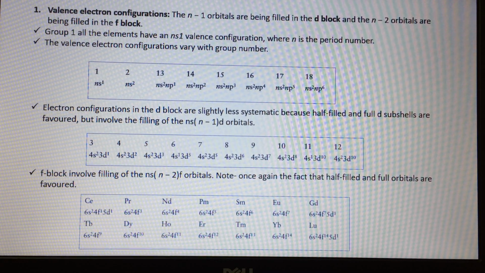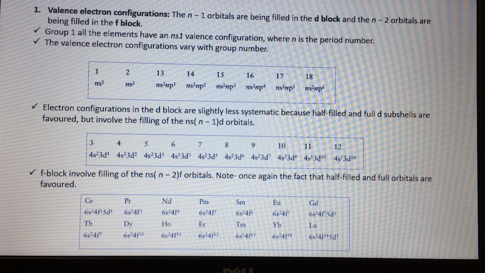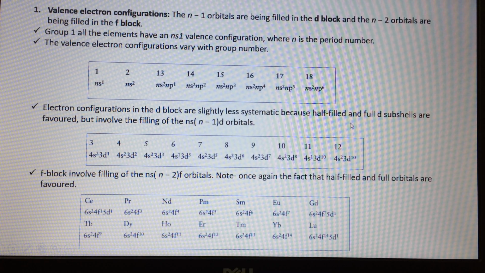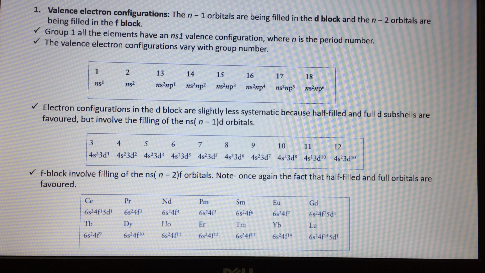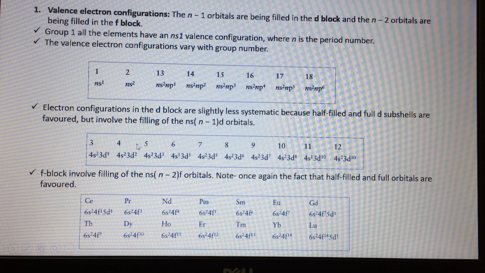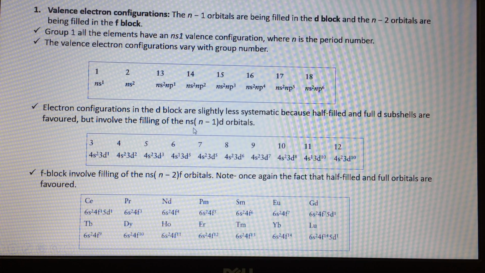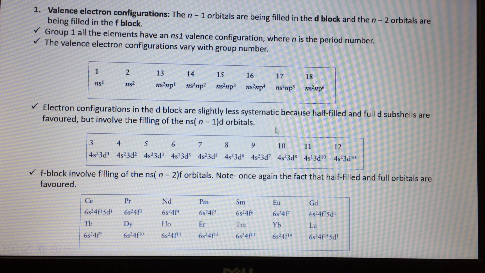As we know, the arrangement of electronic configurations is a little bit different in the d block. Here the filling of electrons is on the basis of half-filled and fully-filled subshells being more favorable, and here the filling of valence electrons is in ns and (n minus 1) d orbitals.